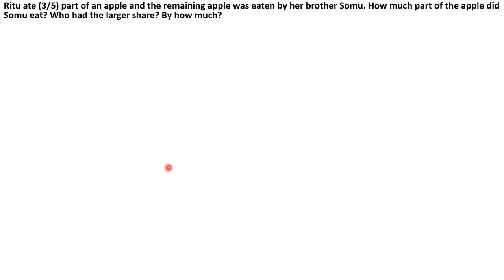Ritu ate 3 by 5 part of an apple and the remaining apple was eaten by Somu. How much part of the apple did Somu eat? Who had the larger share and by how much?